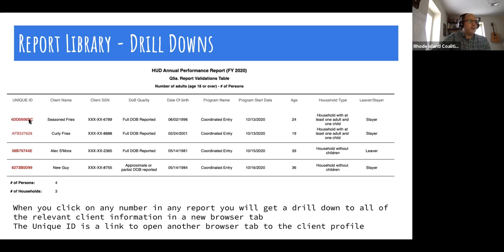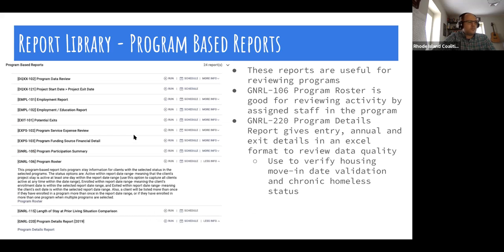And these unique identifiers are anonymous, so you can copy and paste them into the search to go to the client profile to fix it, or you can paste them into an email to a case manager so that they can go to those clients and fix those data quality errors, if you want to point other people to fix them. So that's the HUD data quality report.